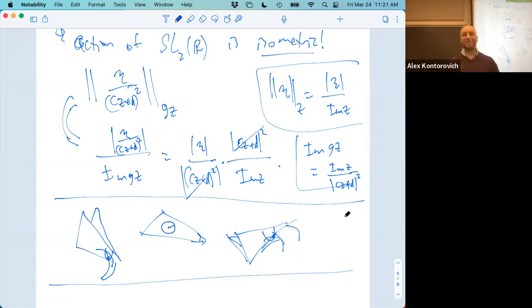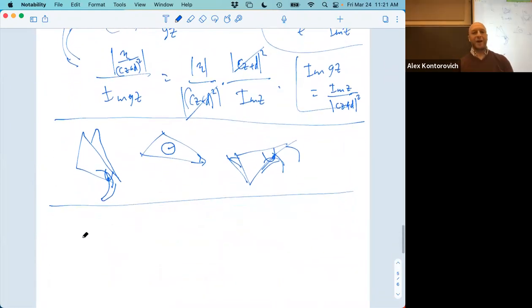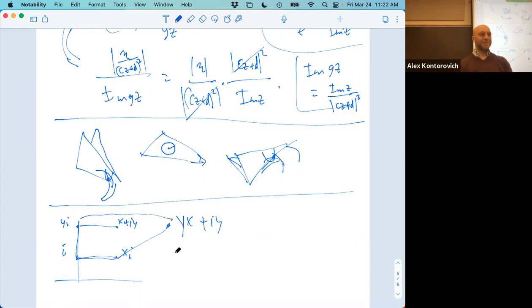At the moment it's a fun fact, but we discussed last time how if we start with i and we move by a height y, and then by a distance x to the point x plus iy, or we multiply by that scaling matrix, then this length and this length are actually the same under this Riemannian metric. That's a manifestation of the constant negative curvature.